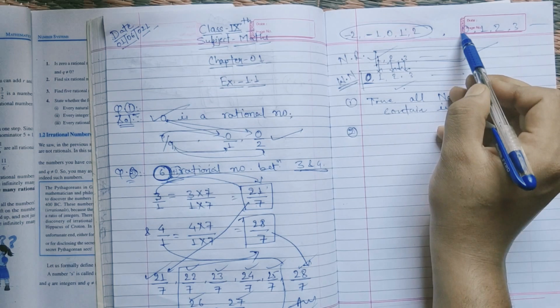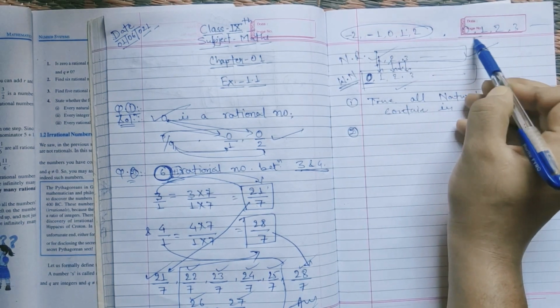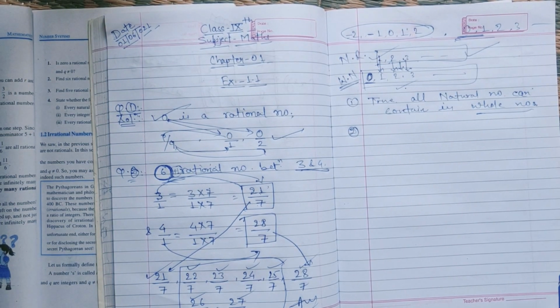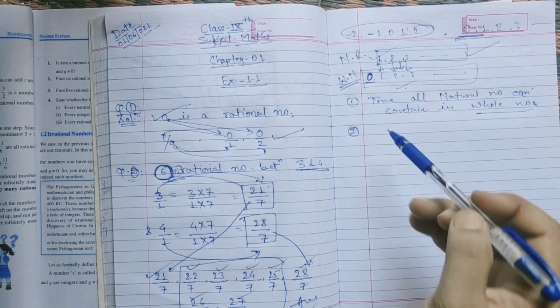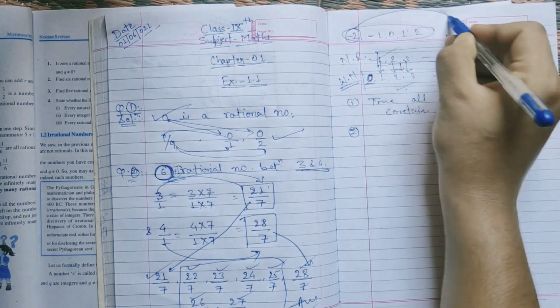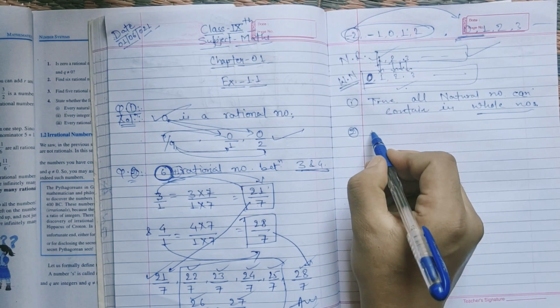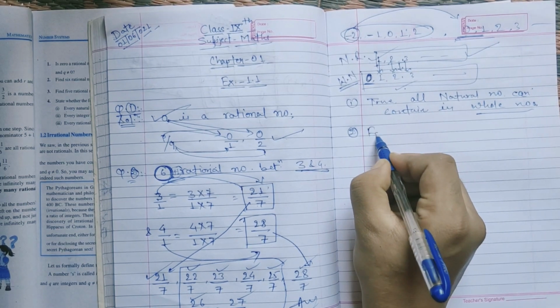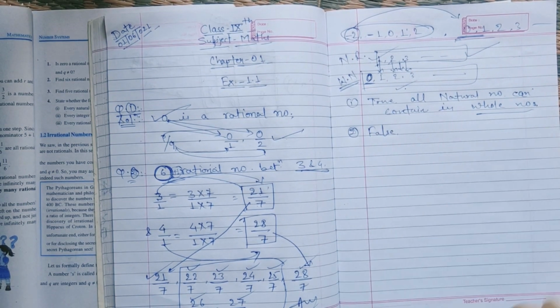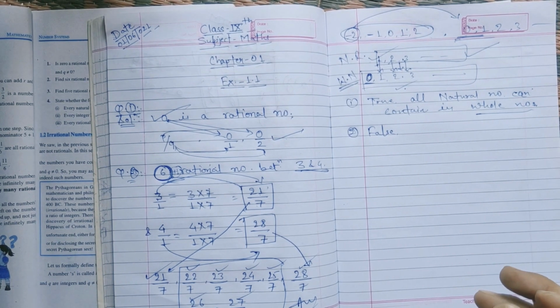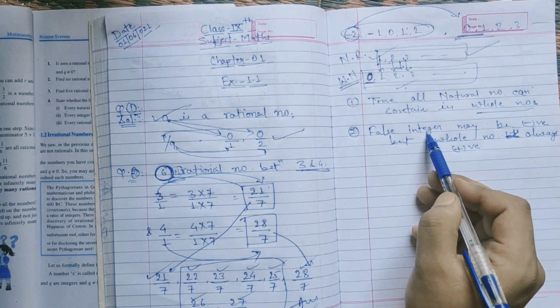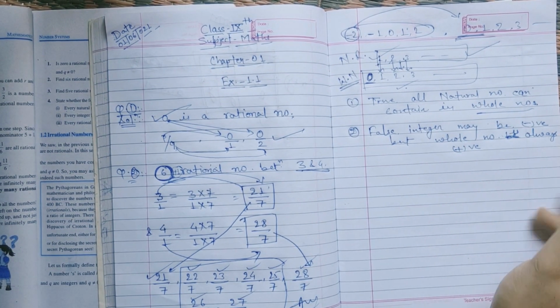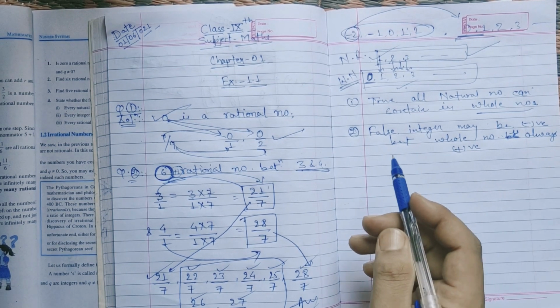So we can easily see that in whole numbers there is no negative number. So is every integer a whole number? That means is minus 2 a whole number? No, so this statement is false. And the reason for this answer is: an integer may be negative but a whole number is always non-negative, okay?